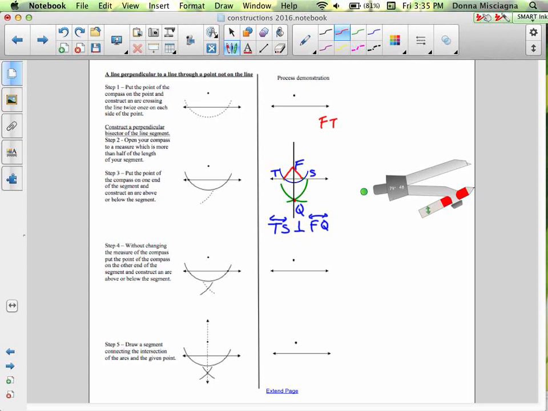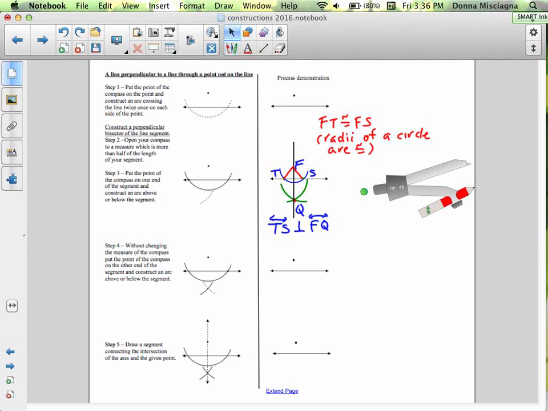That's just some information about our particular diagram here, and I can even take that out. FT is congruent to FS, right? Because radii of a circle are congruent. So all radii of a circle are congruent. So that's really not part of our construction there.